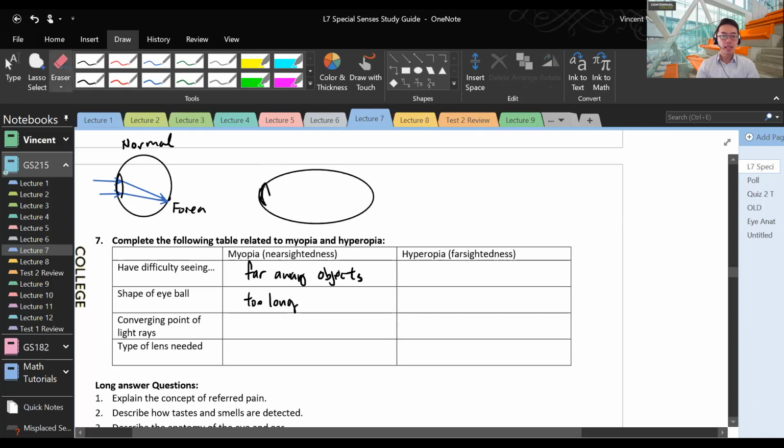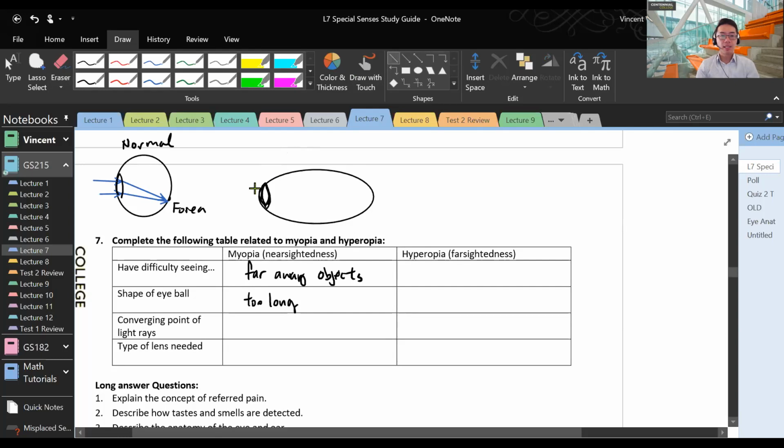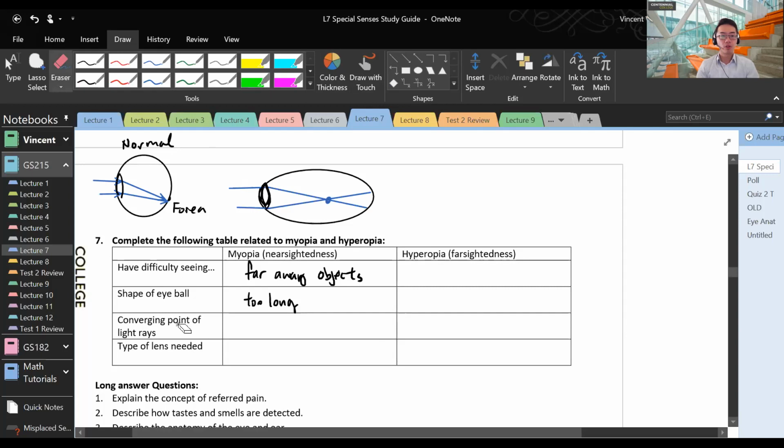So if you put the lens at the front, just like before, the problem is that the light will be coming together a little bit too soon. The light converges too soon. The converging point of light rays is in front of the retina. The screen has been moved further back.